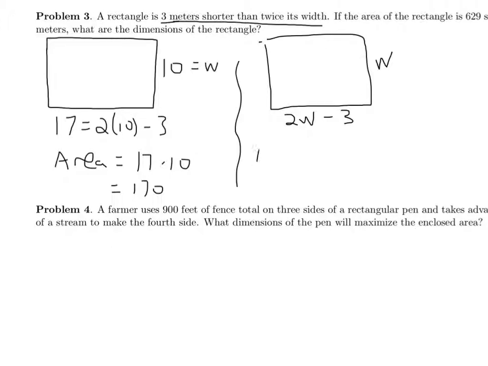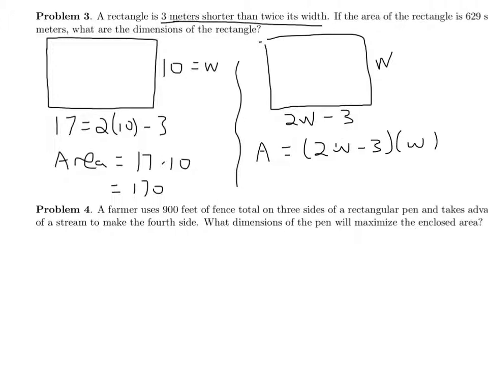And so then my area function would be just the product of the two dimensions. Here it was 17 times 10, because this was 17, this was 10. So here it's going to be this dimension times this dimension. So this is an expression for the area of the rectangle.